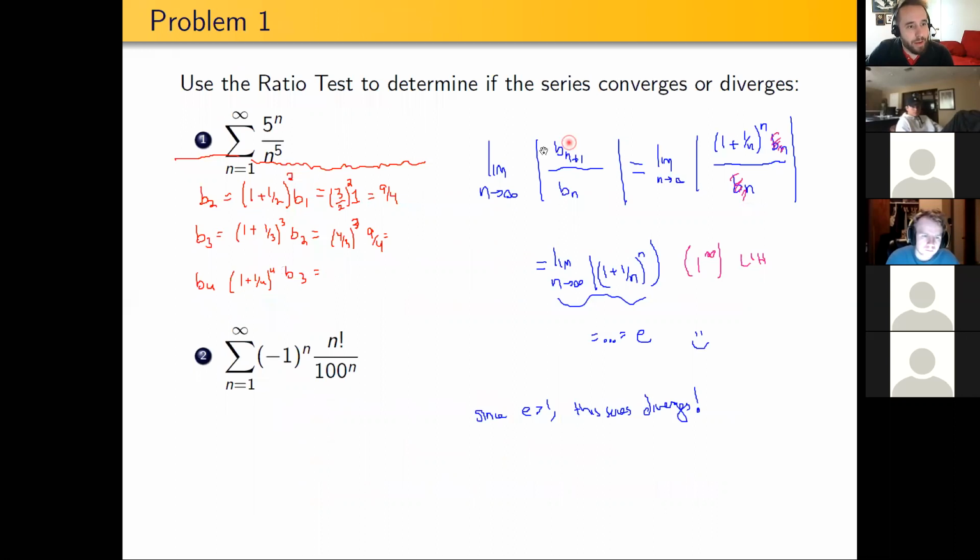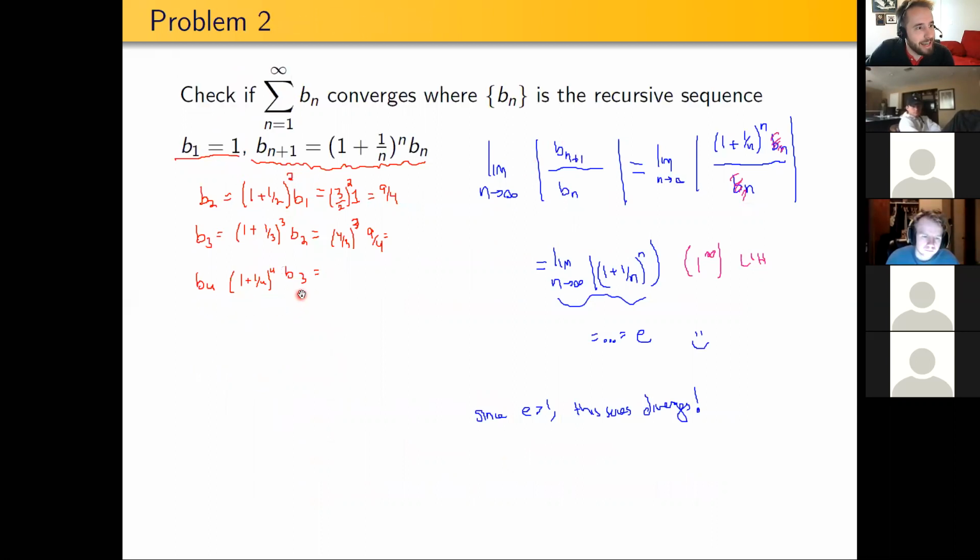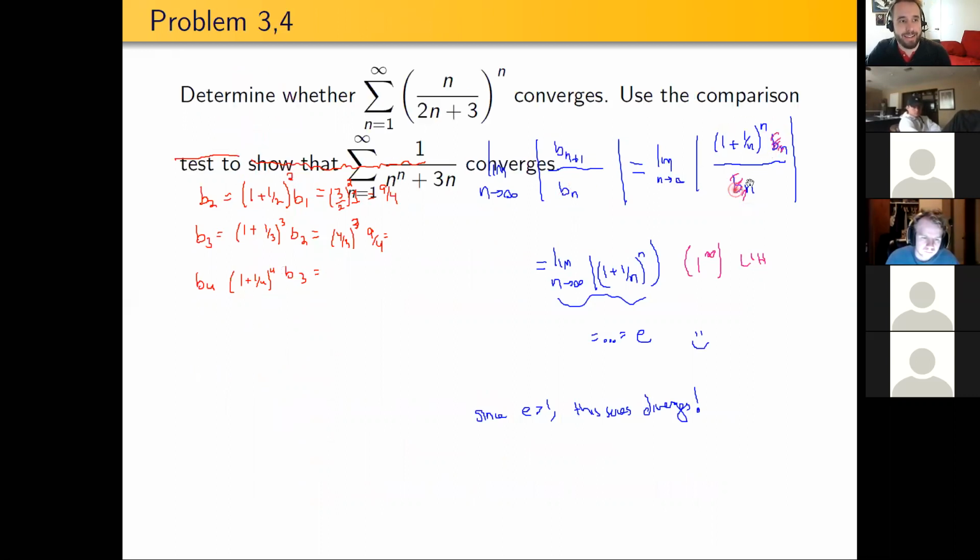This is how we set up our previous work in each of these. And it just so happens that in this case, the n plus 1th term can be written in terms of the nth term, so we get that nice cancellation. But that's an artifact of the ratio test itself, not anything special about this problem.